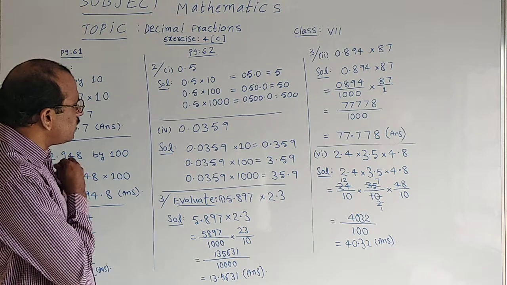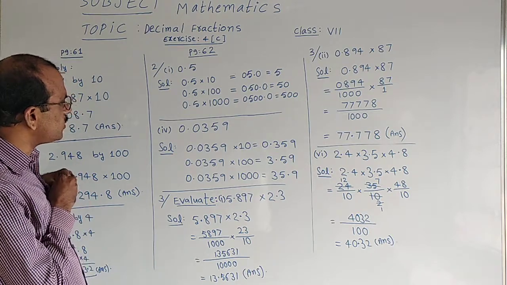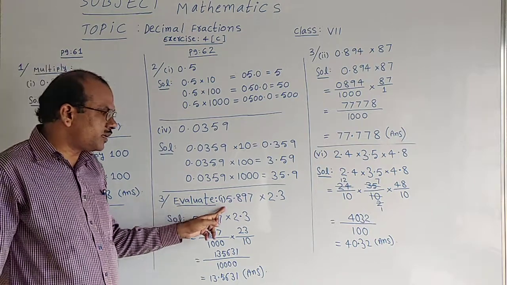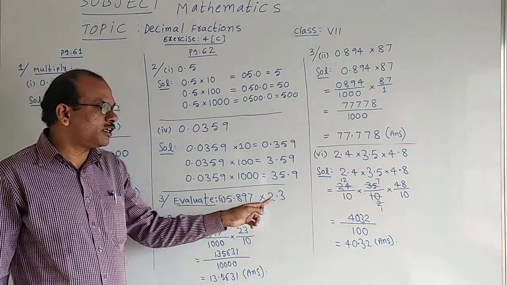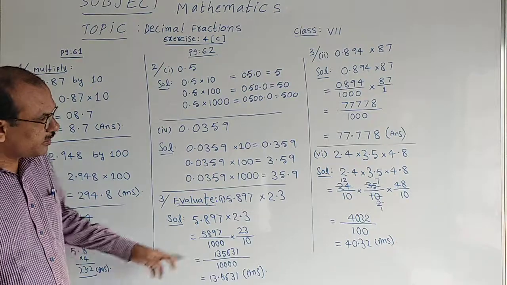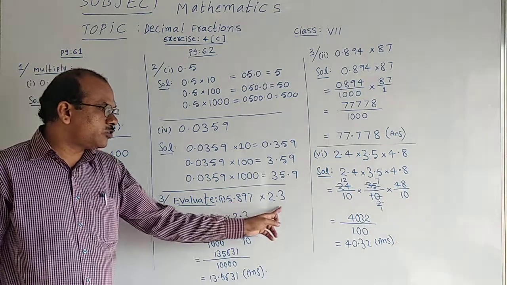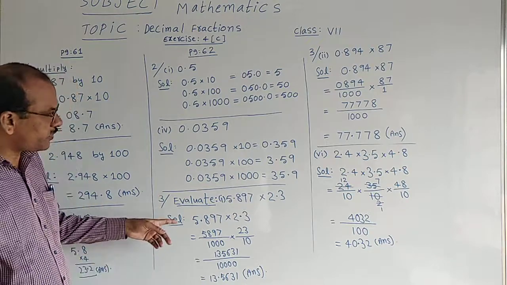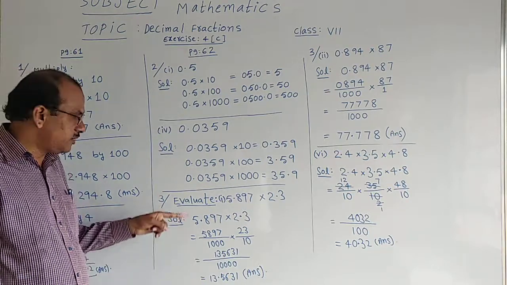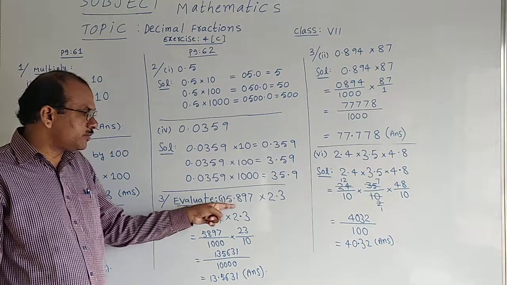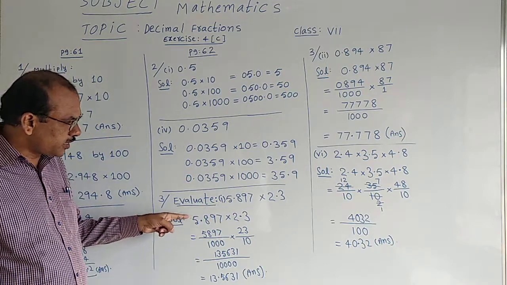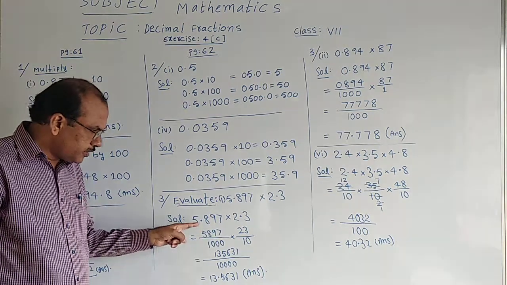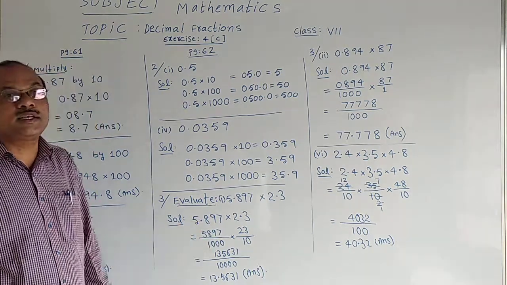Next we have the third question. This is question 3. Evaluate. First one, 5.897 into 2.3. Here is a decimal point, here also a decimal point is given, asking us to multiply. There is a procedure we have used. Check once. This same question is written, that same number written without the point, divided by 1000, which I have placed in its denominator.